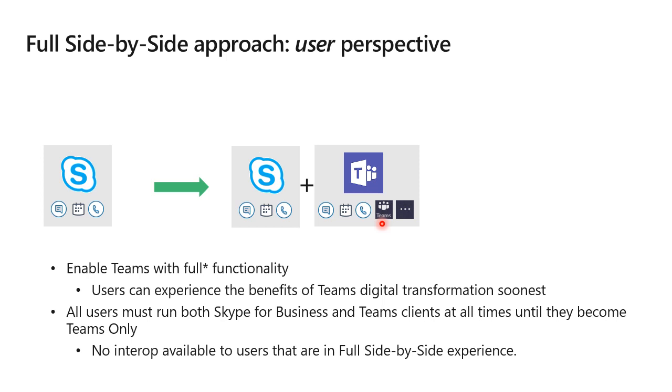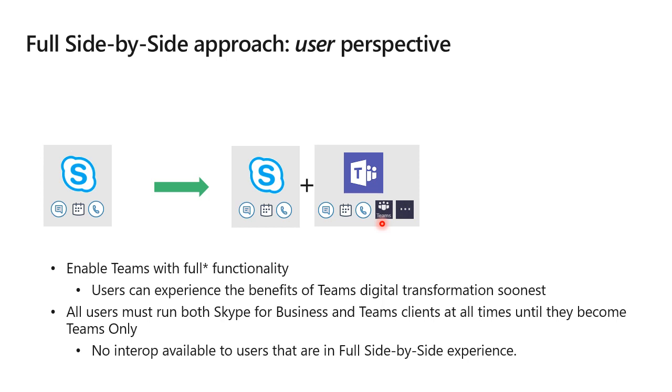This is critical because in this full side-by-side approach, there is no interoperability available, meaning the Skype application is not aware of the Teams application and the Teams application is not aware of the Skype application. So there isn't any way for these applications to communicate between each other. So Teams communications will stay within Teams and Skype communications will stay within Skype.